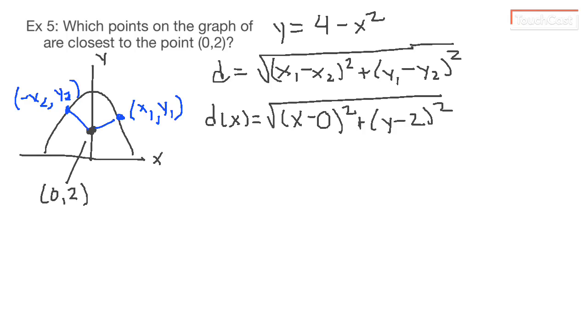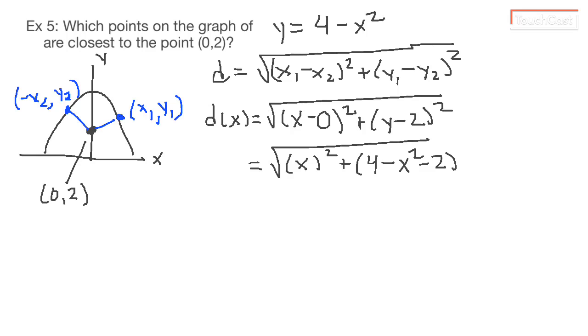So let's just go and replace y with 4 minus x squared. So we're going to have the square root of x minus 0, which is just going to be x, squared, plus 4 minus x squared minus 2 squared.